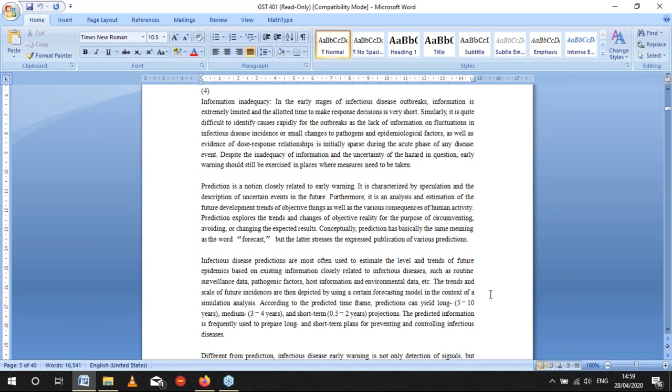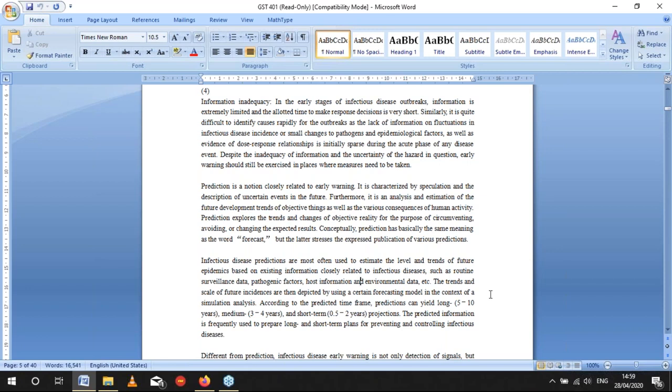How do we now compare the two concepts? We are going into comparisons now between early warning and prediction.